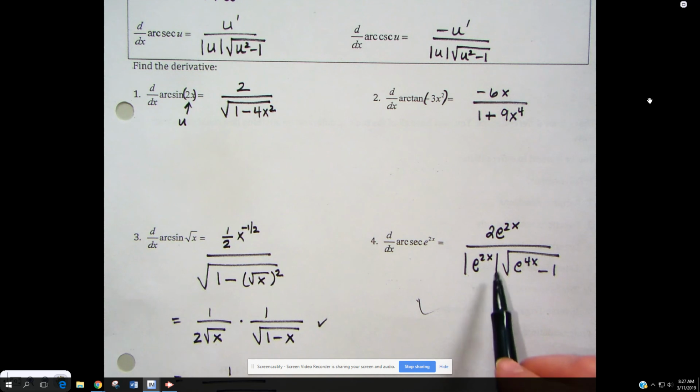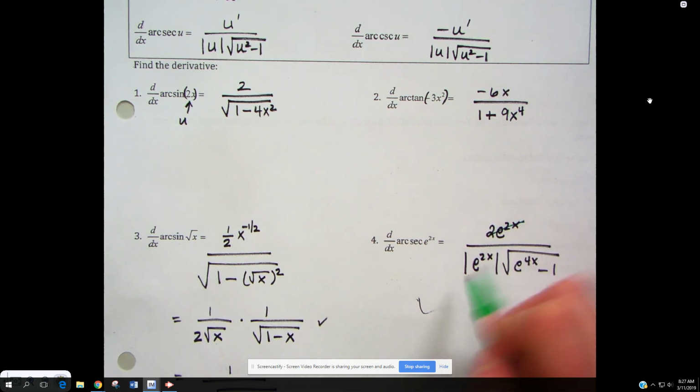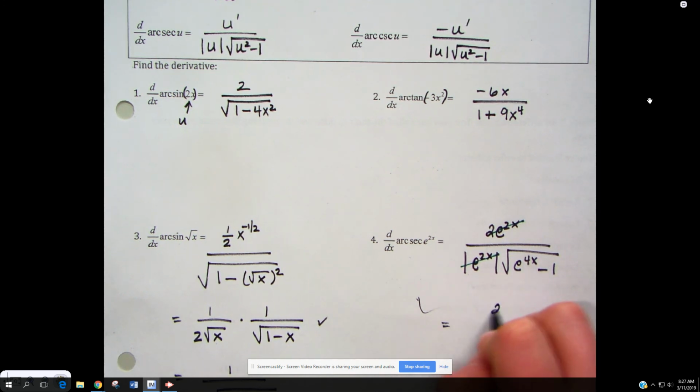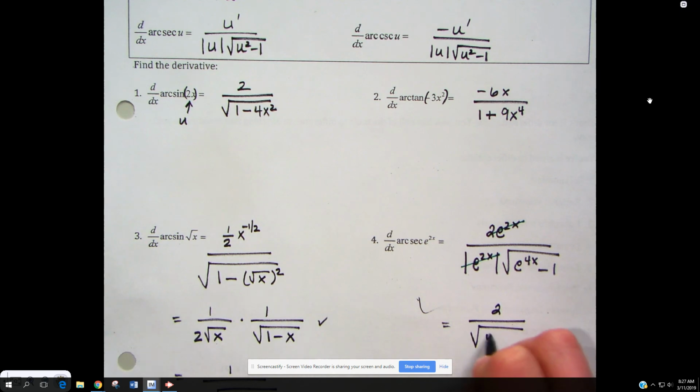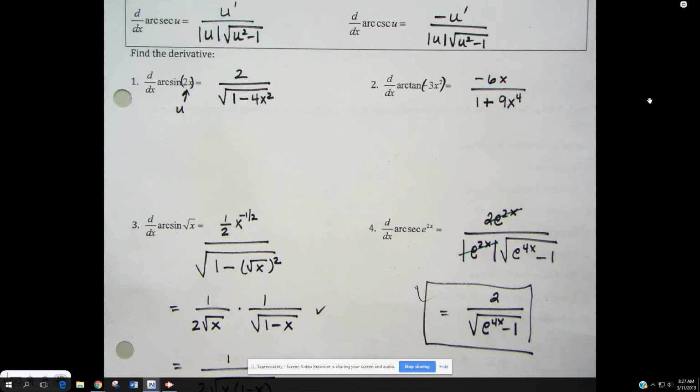Absolute value, remember your exponential function is always positive, so I could actually drop those absolute values and it wouldn't change the sign whatsoever. And then this e to the 2x would actually cancel. My overall best answer would be just 2 over the square root of e to the 4x minus 1. That one's a pretty basic simplification. Nothing too tricky there.